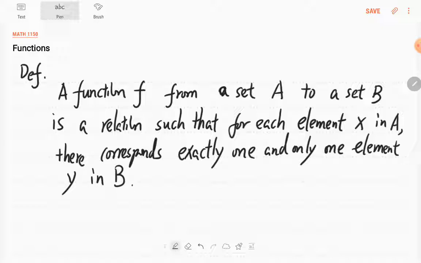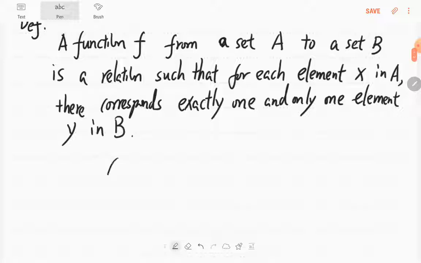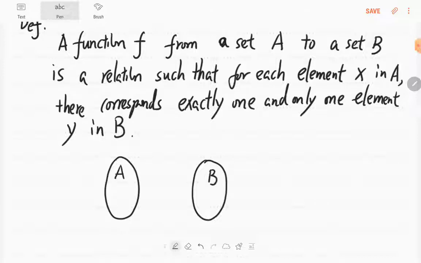Okay, so this is the definition. So a function from a set A to set B is a relation between A and B. It will map. So this is a general picture: this is set A and set B. We have a function f.